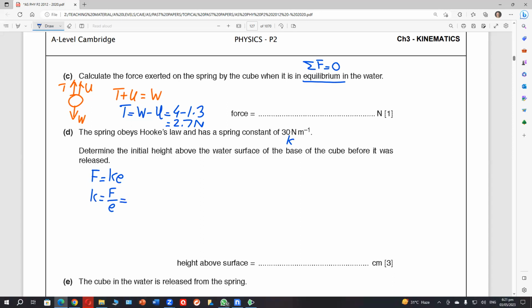I took the force as 2.7. Yes, because this is the force on the spring. Extension is coming 9 centimeter.